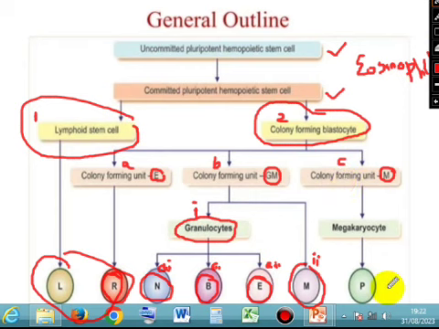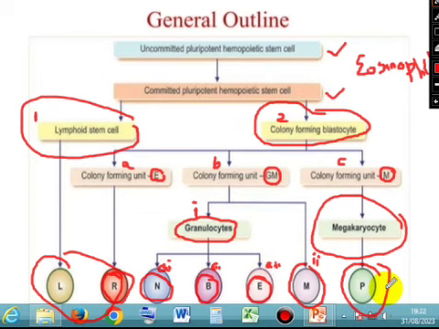Okay. Is anyone lost? Who is lost? Eosinophils. It is spelled EOSINOPHIL.